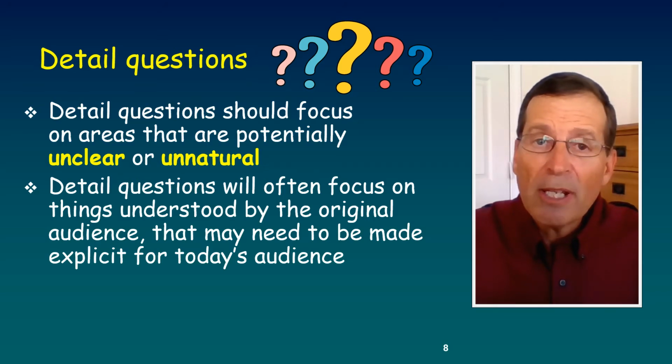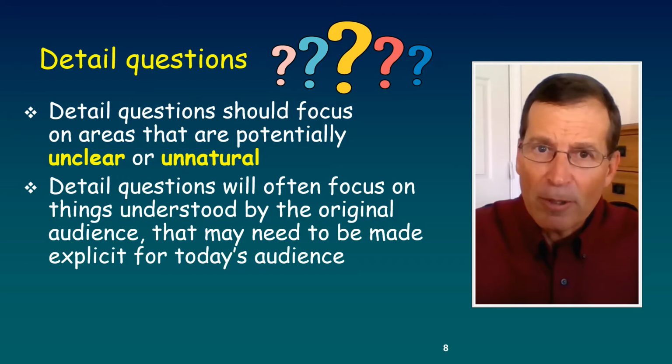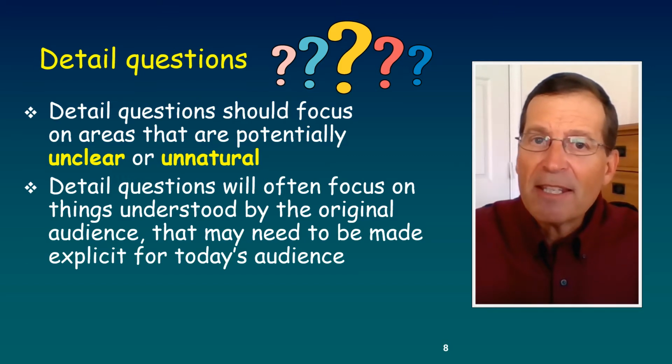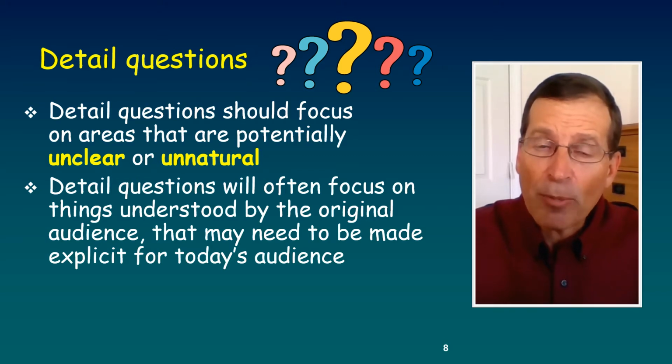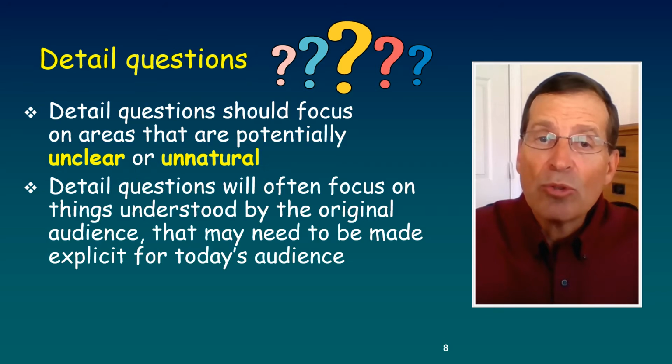In that story, a lawyer asks Jesus, who is his neighbor? Jesus gives a story talking about a man who was attacked by robbers, and two fellow Jews do not stop to help him, but a Samaritan does.